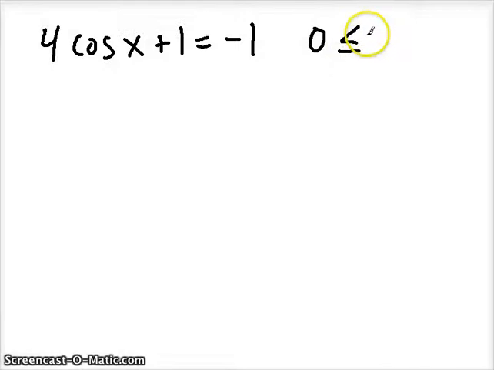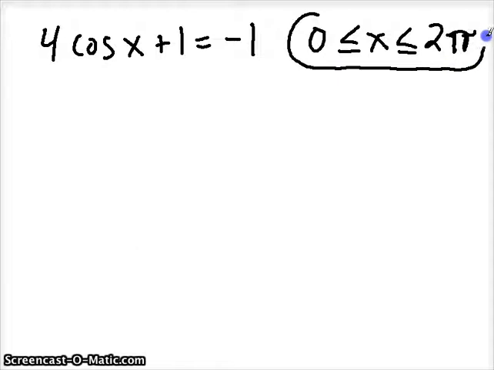And then, I forgot to mention this, but a lot of times these sorts of problems, they'll give you the possibilities. Like this right here means in a full circle, in a full rotation, where does this happen? Where is this equation true?